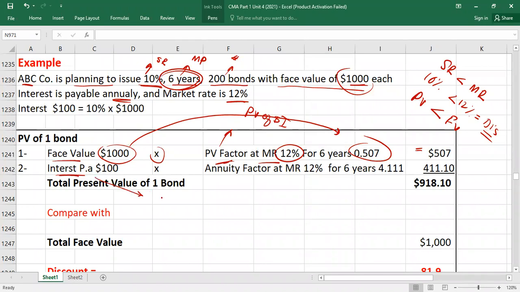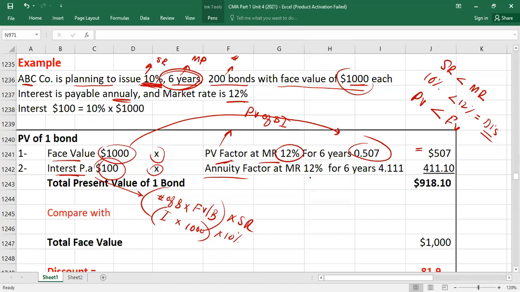And then you have to calculate interest. How will you calculate interest? Number of bonds multiplied by face value per bond multiplied by stated rate. Number of bonds here is 1, as I'm doing one bond. Face value per bond is 1,000, multiplied by the stated rate, which is 10%, given here. This will give you interest of $100 per year. Right? You will multiply by the annuity factor.